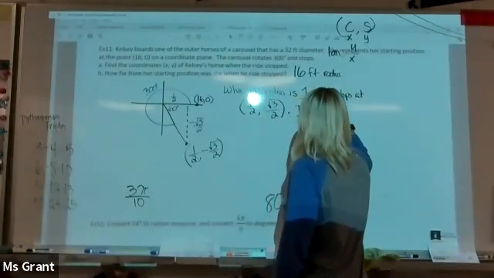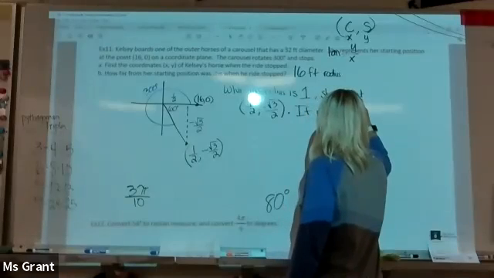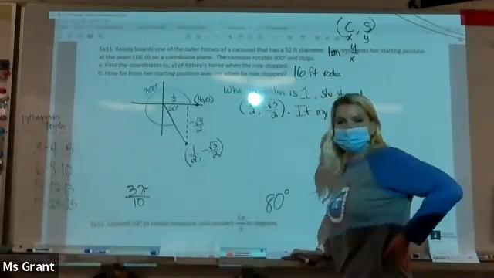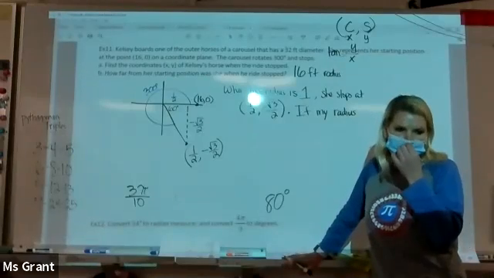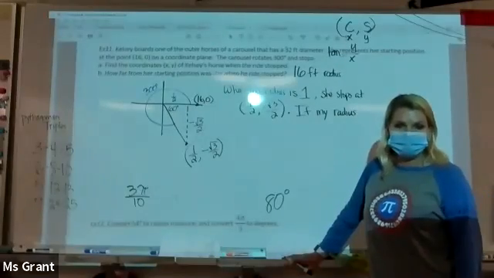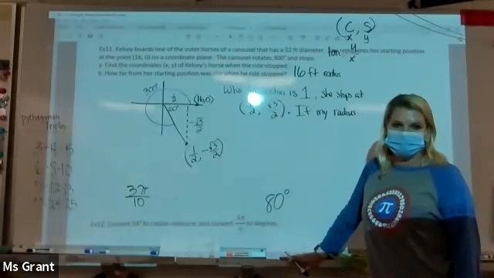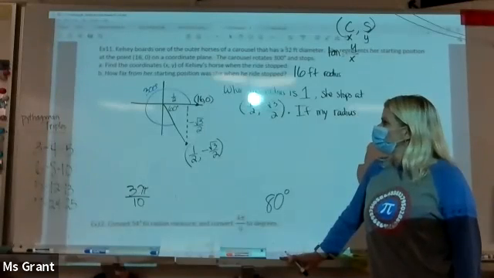What's the radius of this path? What's the radius of this carousel? 16.